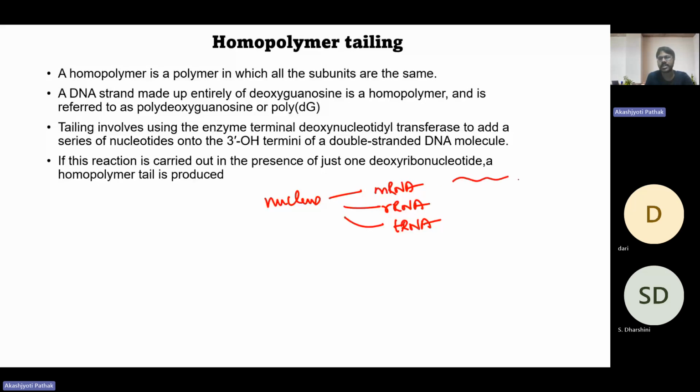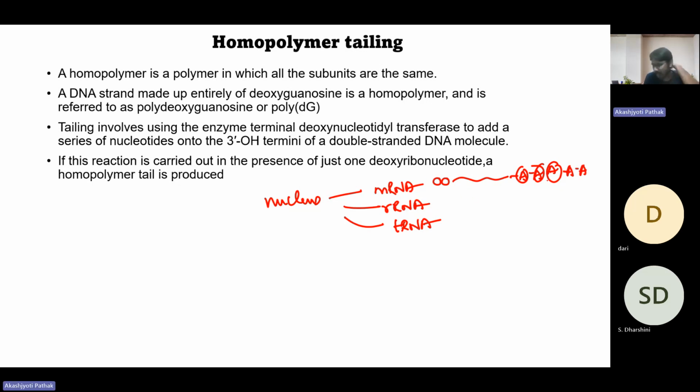So if you see the structure of an mRNA, it has a 7-methyl guanosine residue present in the head group, and in the tail region you have a poly A tail.